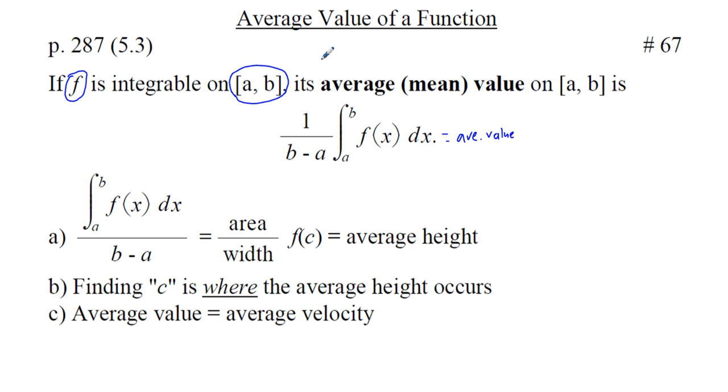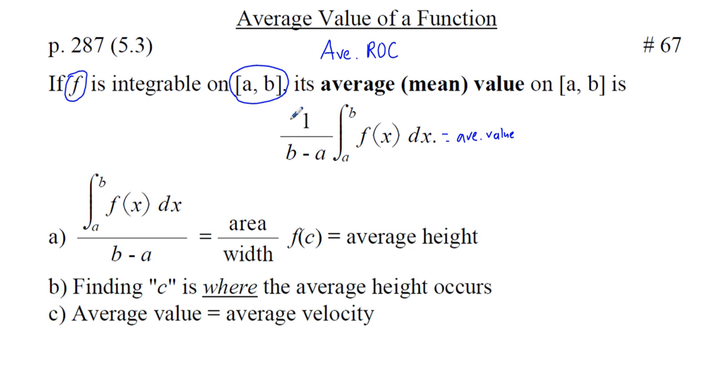Now, up until this time in calculus, when we've talked about average, we've talked about average rate of change. Average rate of change is a concept related to differential calculus, whereas average value is related to integral calculus.